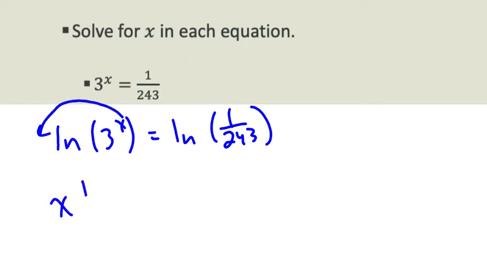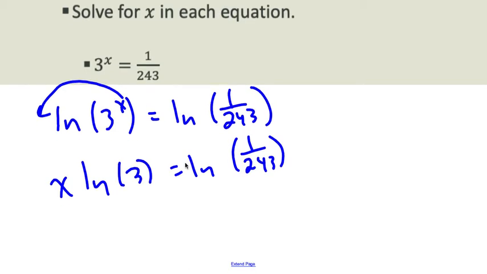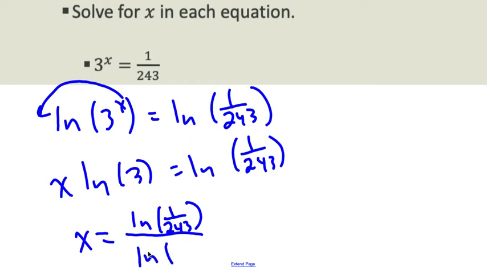So we would have x ln of 3 equals ln of 1 divided by 243. And then to solve for x, we would divide by ln of 3, and we would have ln of 1 over 243 divided by ln of 3. And that you could plug into your calculator.